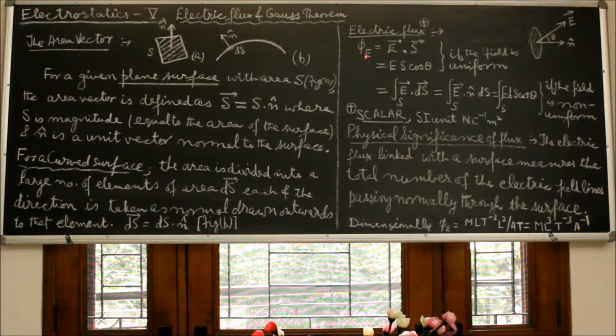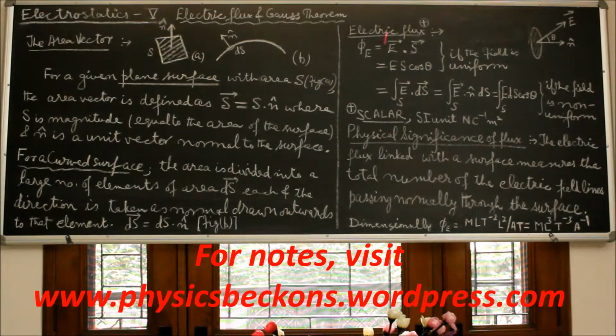That is, flux phi e is integral E dot n cap into ds or E ds cos theta. This definition is valid for non-uniform field, and this definition E S cos theta is valid for uniform field.